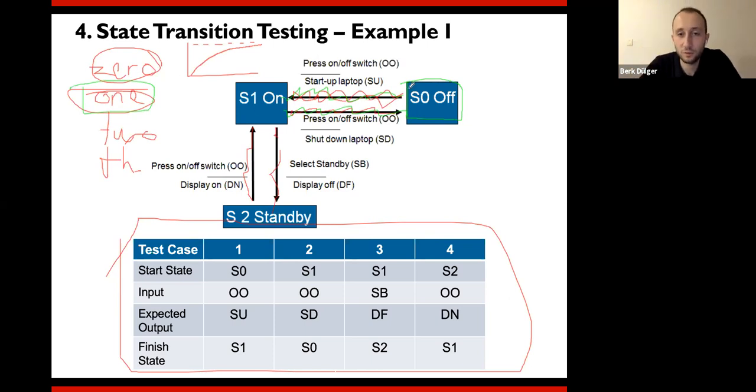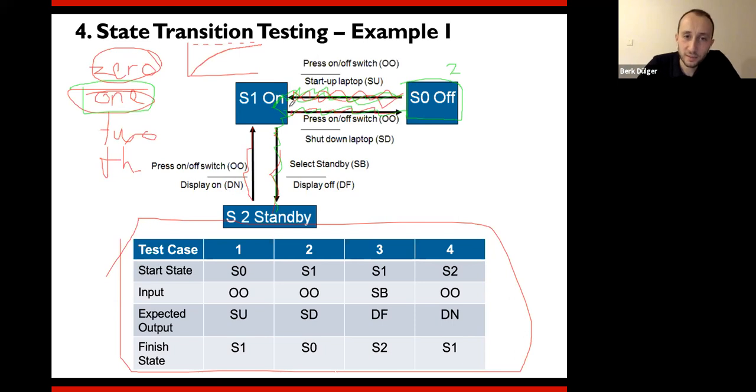This is the first one. The second one might be, if I go to on state, I am able to go to standby with two transitions. Then there are two possibilities from off state to anywhere else.